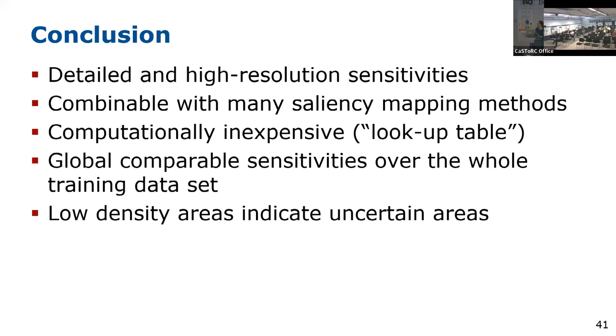But here, when you design the network in a way, we have these high resolution saliency maps. You can combine it with different techniques, and it's computationally very inexpensive, because this sensitivity space is some kind of lookup table. And we also have uncertain areas which can be identified, the areas where you do not have a lot of data points.